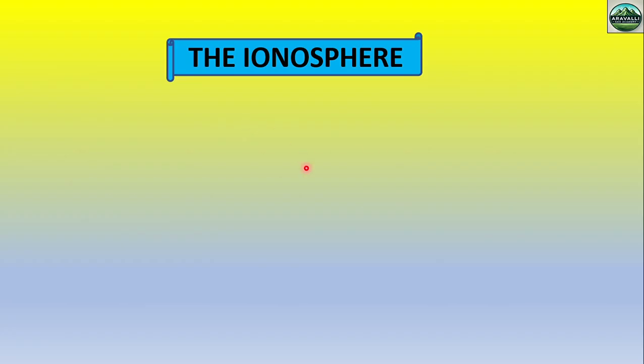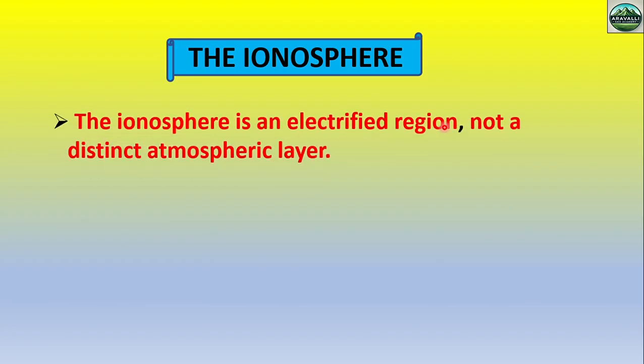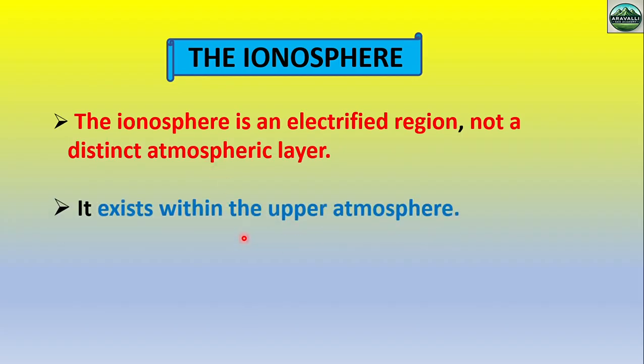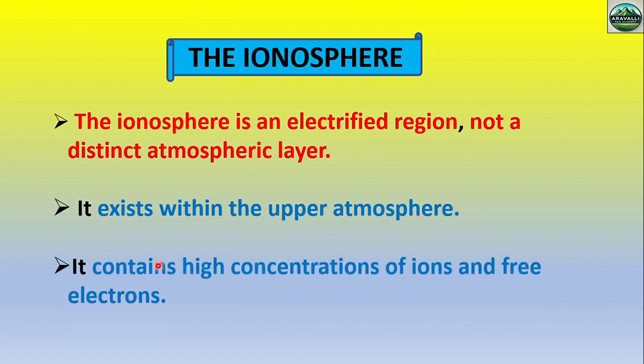Now we discuss the ionosphere. The ionosphere is an electrified region. This is not a distinct atmospheric layer, because it is a combination of mesosphere and thermosphere, and it exists within the upper atmosphere. It contains a high concentration of ions and free electrons.